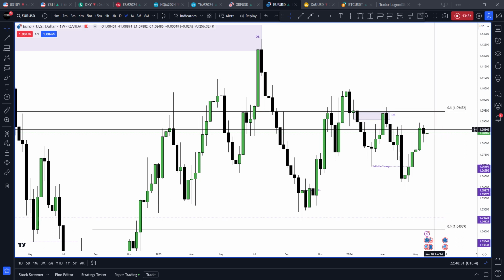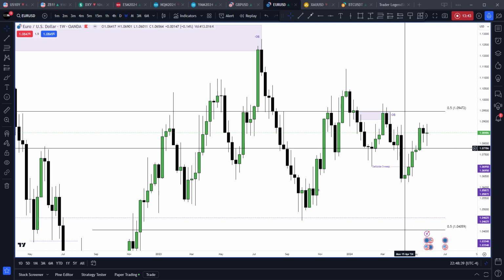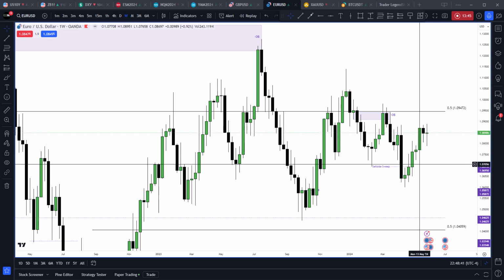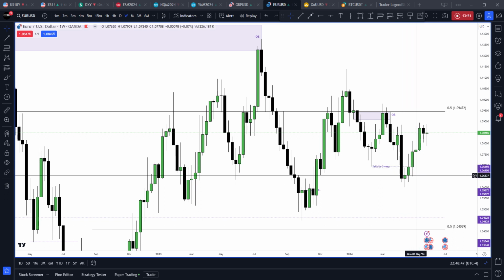All right, we're currently in a discount at the moment. GBP/USD is in a premium, and if GBP/USD continues in a premium, there's a good chance for euro to catch up. Also considering the fact that sell stops have been swept on a weekly time frame.